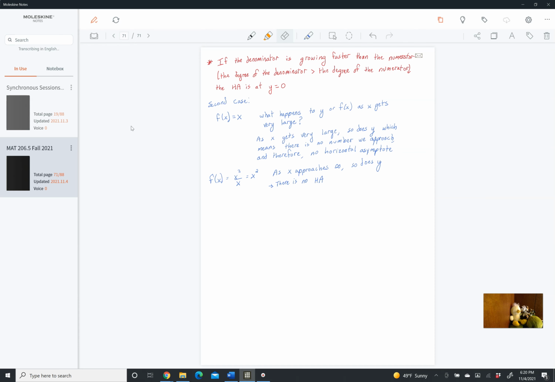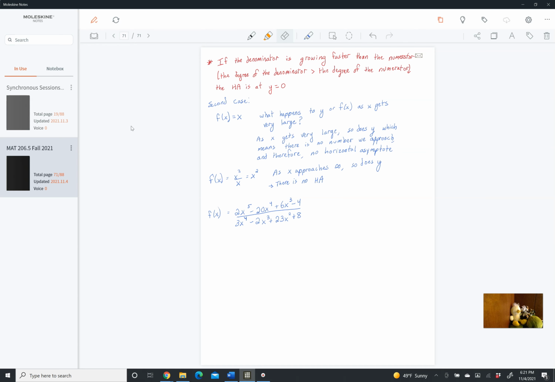Let's take one more example. Let's say that we had f of x is equal to 2x to the fifth minus 20x to the fourth plus 6x cubed minus 4 over 3x to the fourth minus 2x cubed plus 23x squared plus 8.